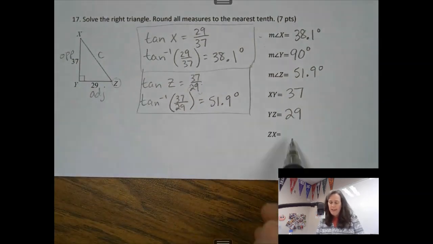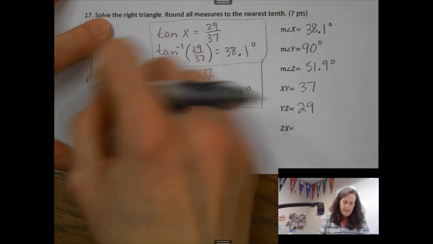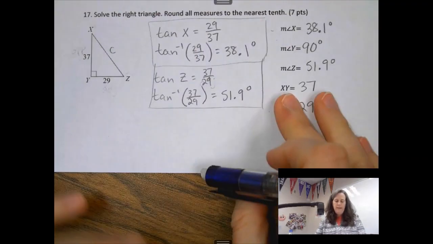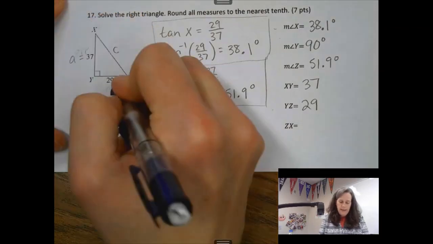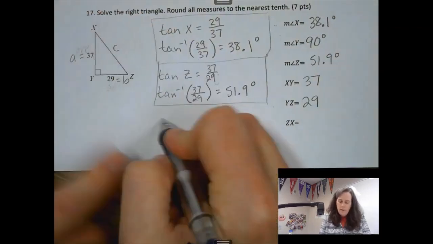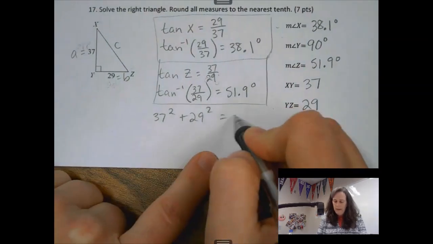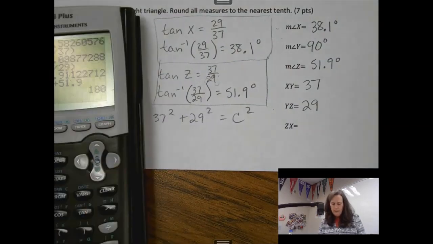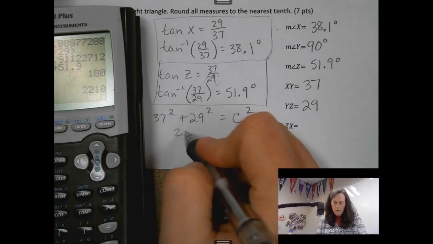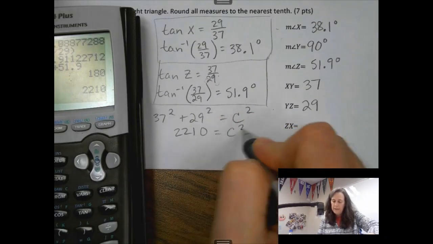Okay. The last side, we'll use Pythagorean's theorem to find that side. We said already that the hypotenuse is the one missing. So I'm going to make this A, this B. 37 squared plus 29 squared equals C squared. Let's add those. So this is 2210 equals C squared.